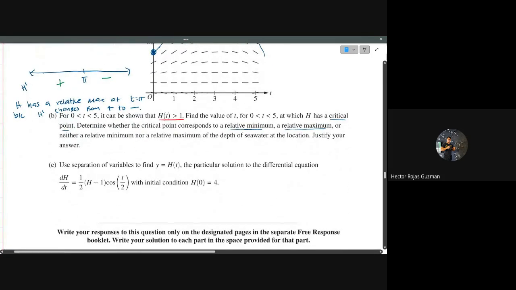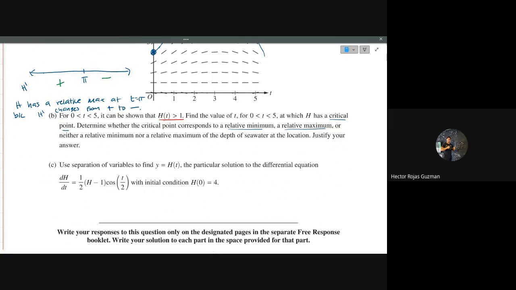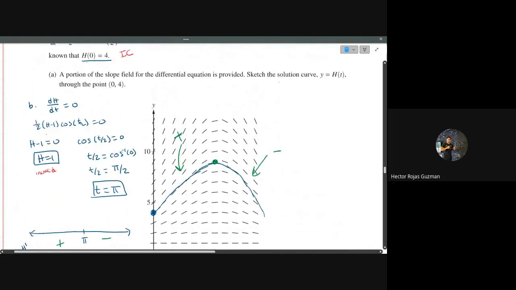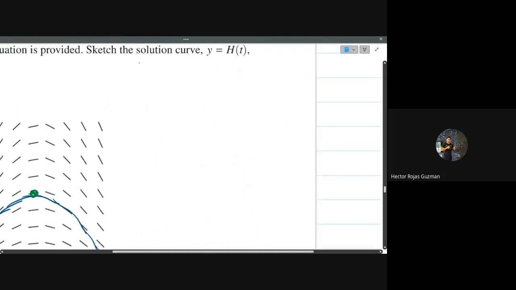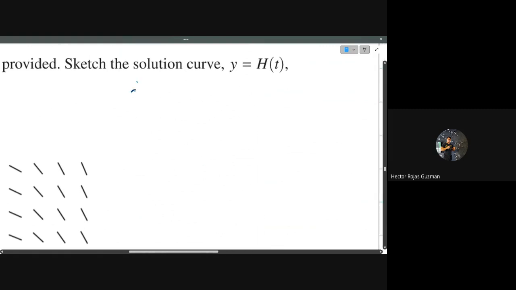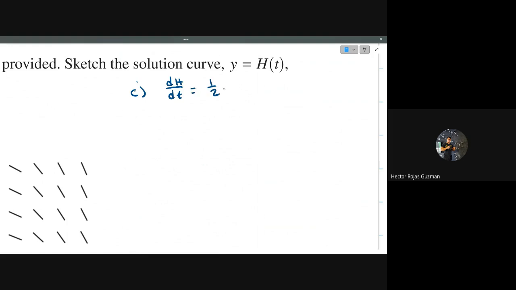C. Use separation of variables so that we can find a particular solution, and we are given an initial condition. Okay. This is going to be kind of a long one. And I'll do it over here. dh dt equals 1/2 (h minus 1) times cosine of t over 2.